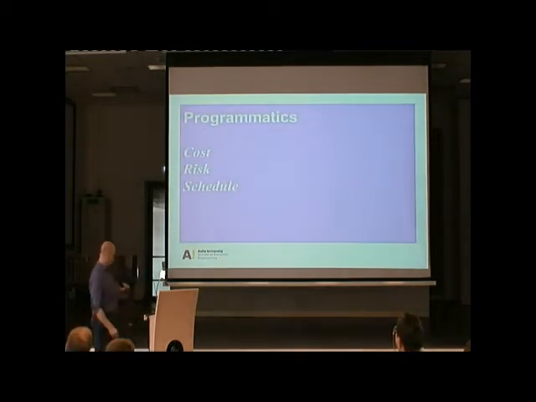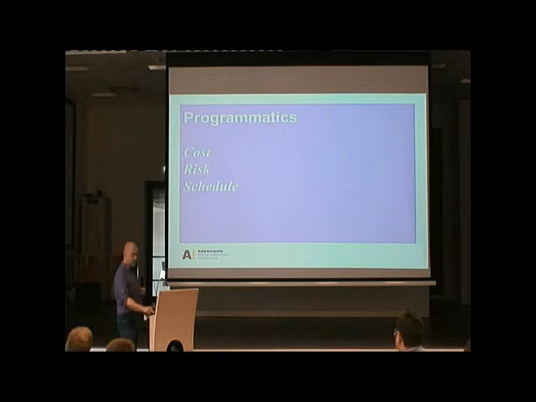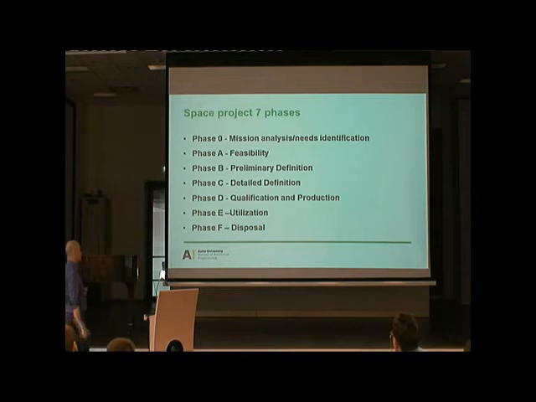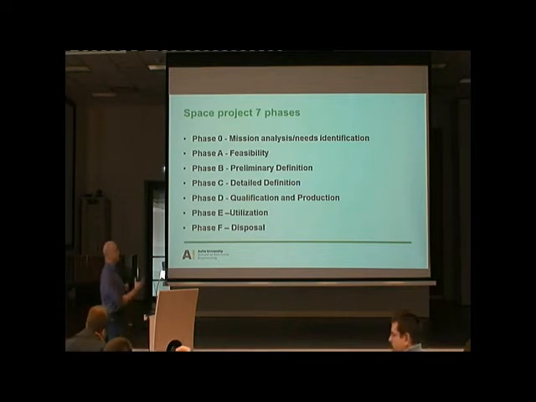So programmatics. This is the part which is called programmatics in space terms, and this involves cost, risk, and schedule. First of all, a schedule of a space project, according to the ESA definition, is divided into phases A, B, C, D, E, F. And phase 0 is something I already referred to: the mission analysis, or phase 0 study.